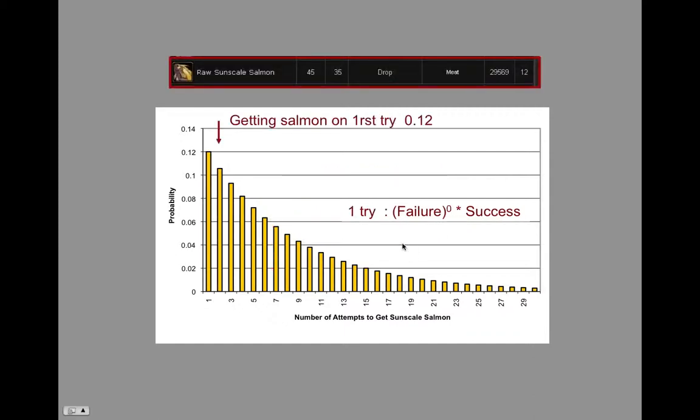Now, what's the chance that you'll get salmon on the 1st try? That's equal to 0.12, because you have 0 failures, and then your success is on the 1st try. And failure to the 0th power is 1. Any number to the 0th power is 1. So really it's just your rate of success, which is your drop rate of 12%.